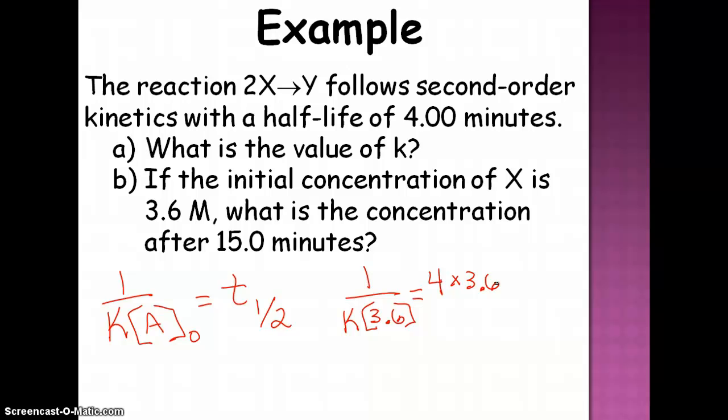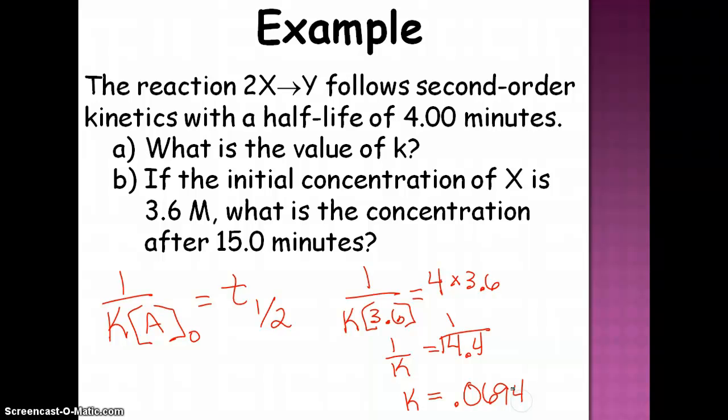So 4 times 3.6 gives us 14.4, which equals 1 over K. Now we just need to inverse both sides. So we really want to know what 1 over 14.4 is so that we can get the value of K. When you do that, you get K equals 0.0694. There's our K.